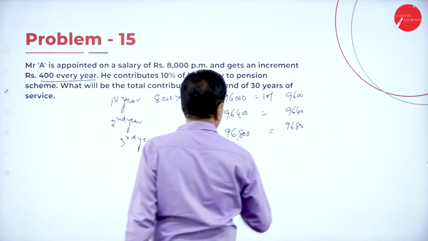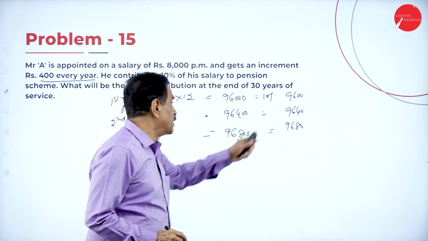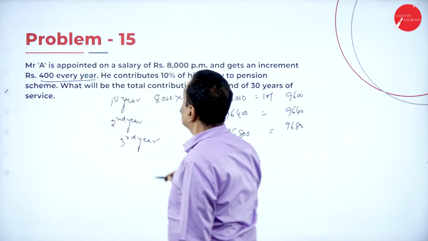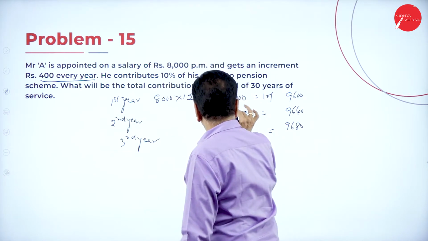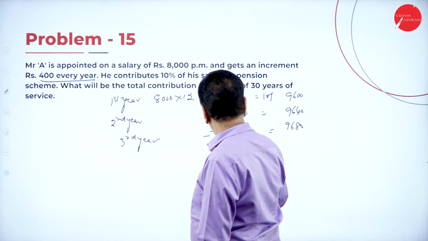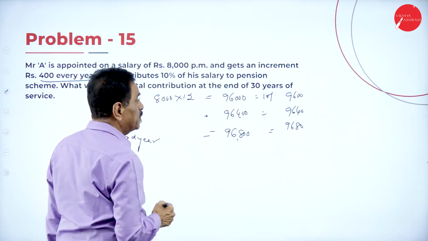What is the first year? 96,000, 10%. Every year it goes, not per month. So 8,000 per month is 96,000. Next year 96,400, next year 96,800.